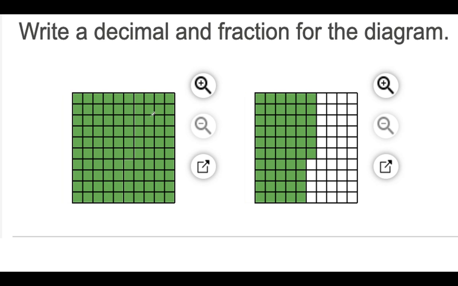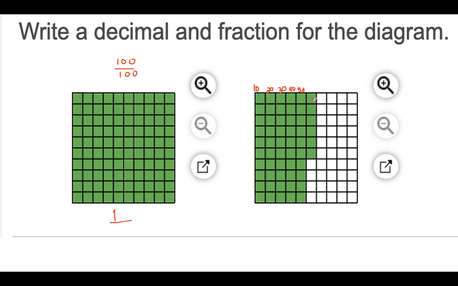All right, so let's practice here. So I know that this is 100, so I have 100 over 100 here. And 100 over 100 is also equal to 1. Okay? Then I have 10, 20, 30. This is 40, 50.